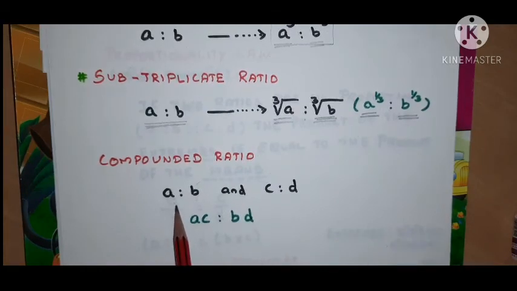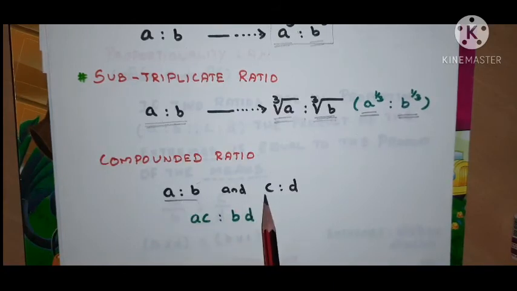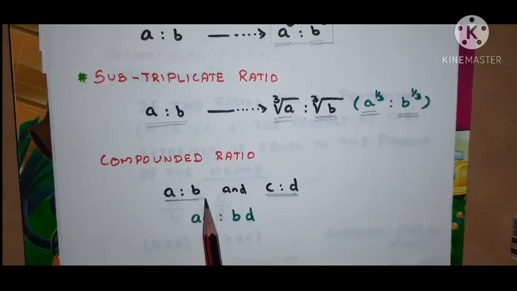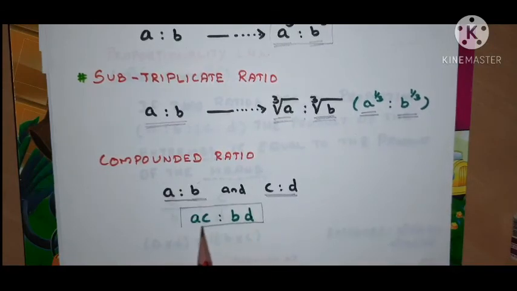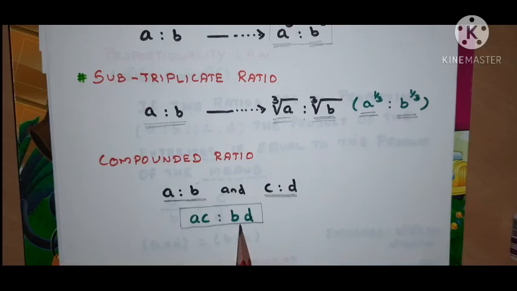If two ratios are given, A is to B and C is to D, then its compound ratio can be expressed as product of antecedents is to product of consequents. Right? Already we have seen that in a ratio there are two terms. The first term is called antecedent, the second term B is called consequent.